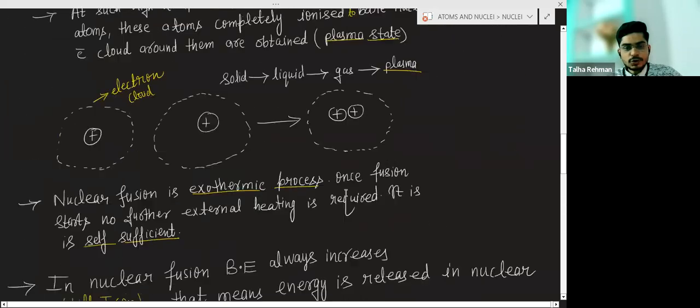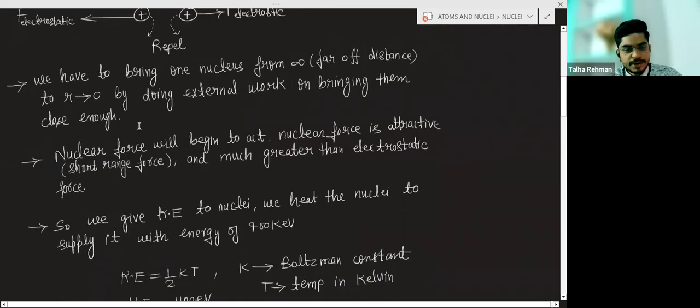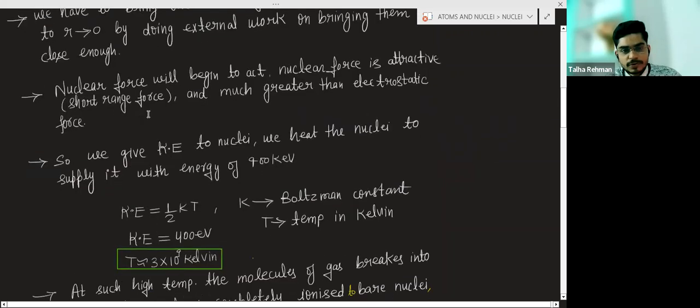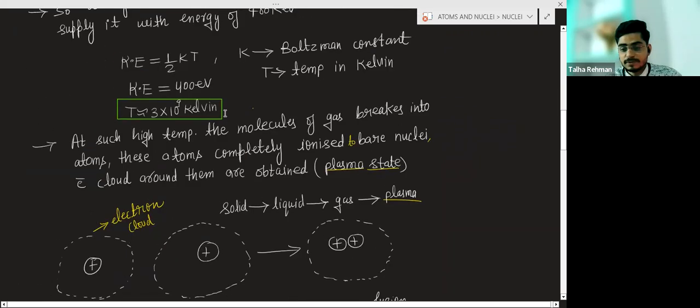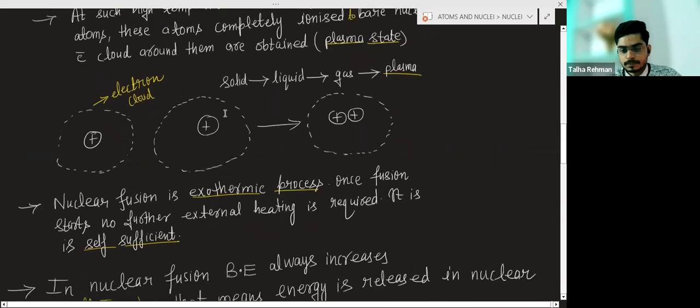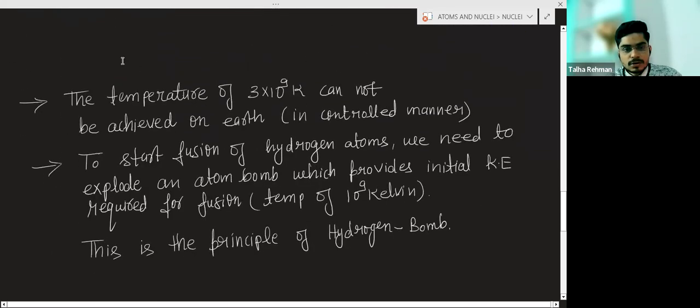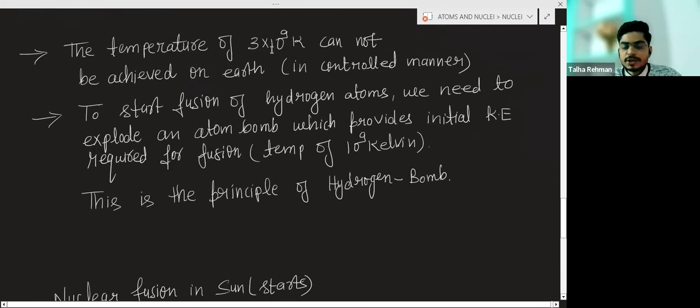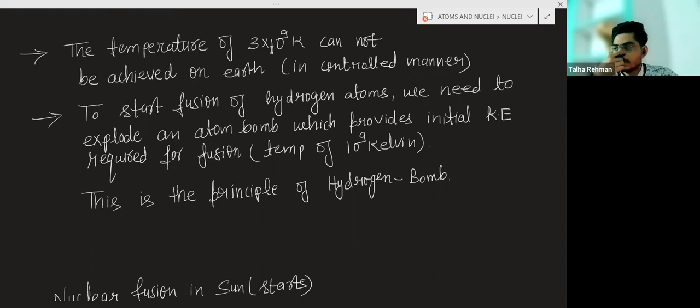Now, earlier I told you for the fusion reaction there is a requirement of 3 into 10 to the power 9 Kelvin of temperature. This temperature cannot be achieved on Earth in a controlled manner. If you want to achieve that temperature, first you have to explode an atom bomb.